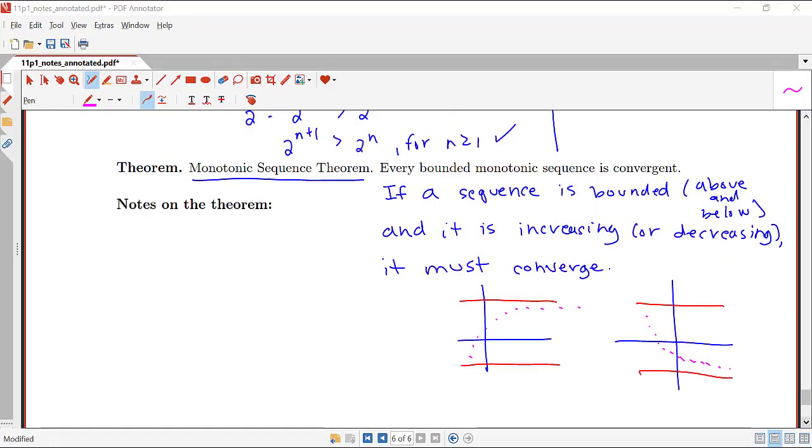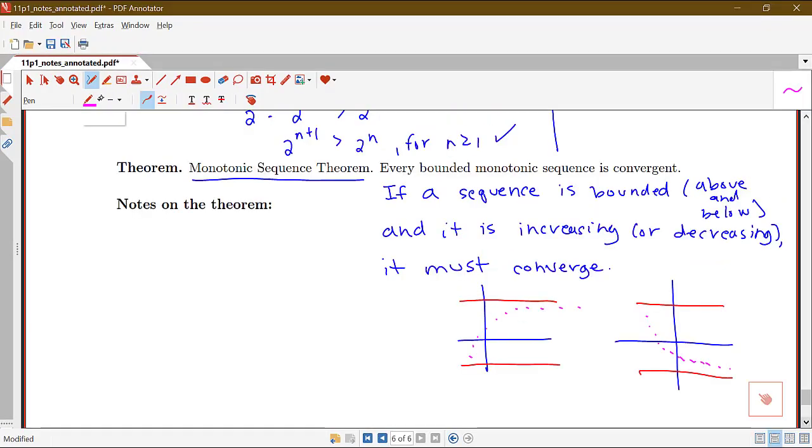Now let's look at these two conditions in a little bit more detail for this theorem. We know that the theorem says that if a sequence is bounded and monotonic, then it must converge. So is it possible to converge and not have these conditions? Our first note is that it is possible to converge without being monotonic.